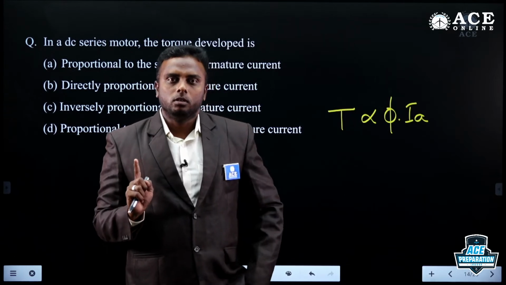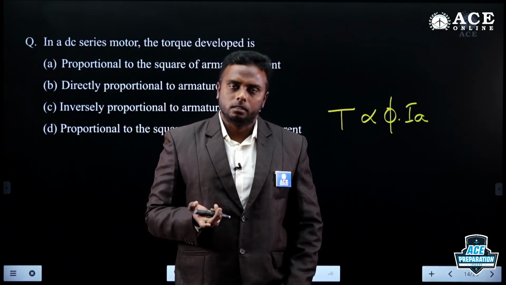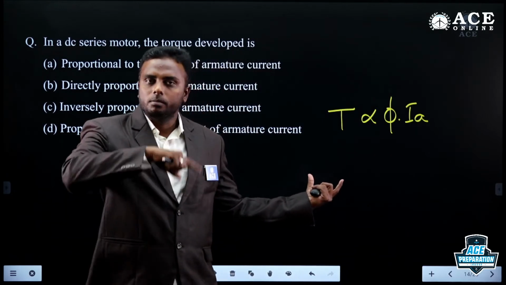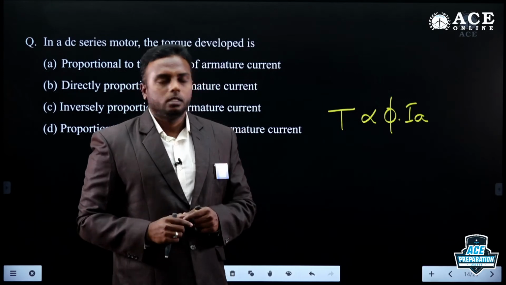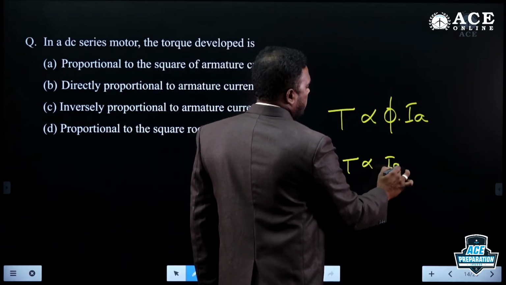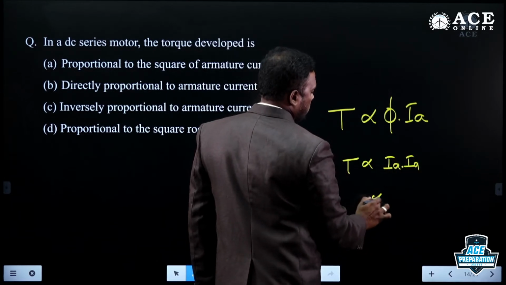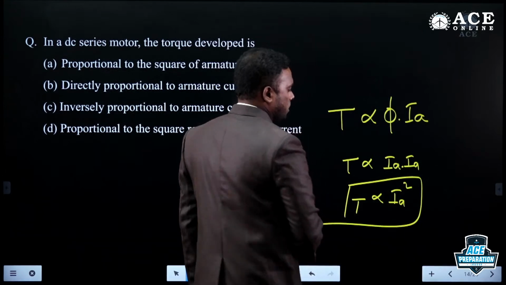But in a series motor, what about the armature current and field current? Both are the same, yes, as I drew in the figure previously. Armature current and field current go in the same path. That's why flux is proportional to Ia for a series motor, then Ia into Ia will be Ia square. So torque in a series motor is proportional to the square of the current.